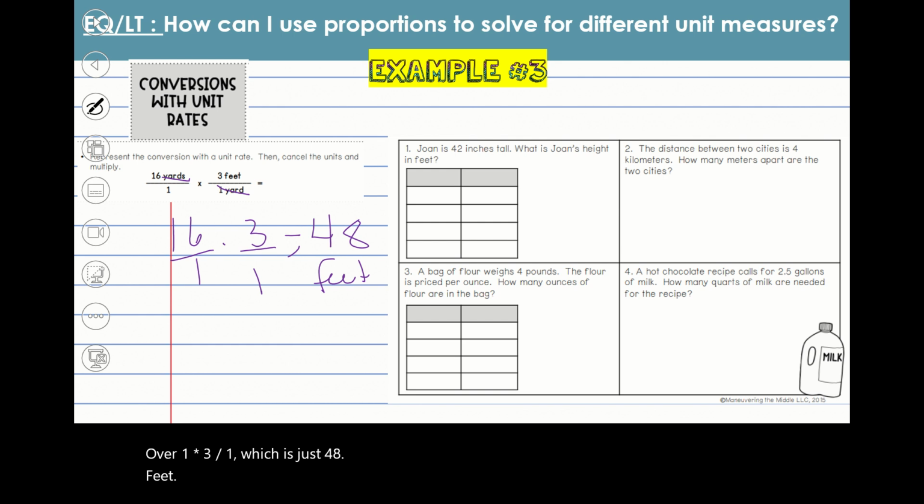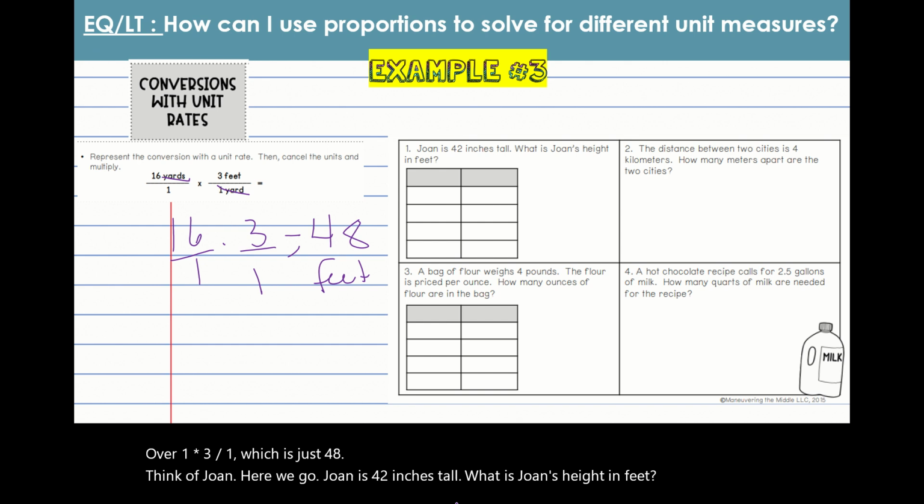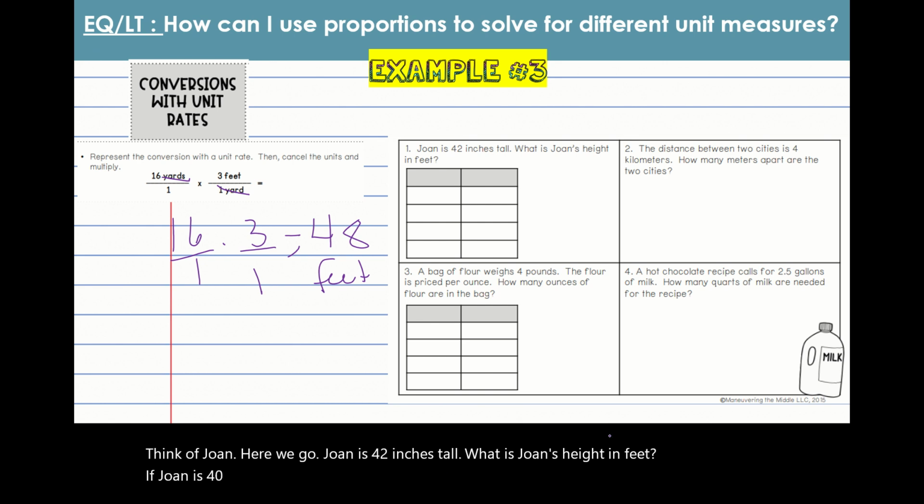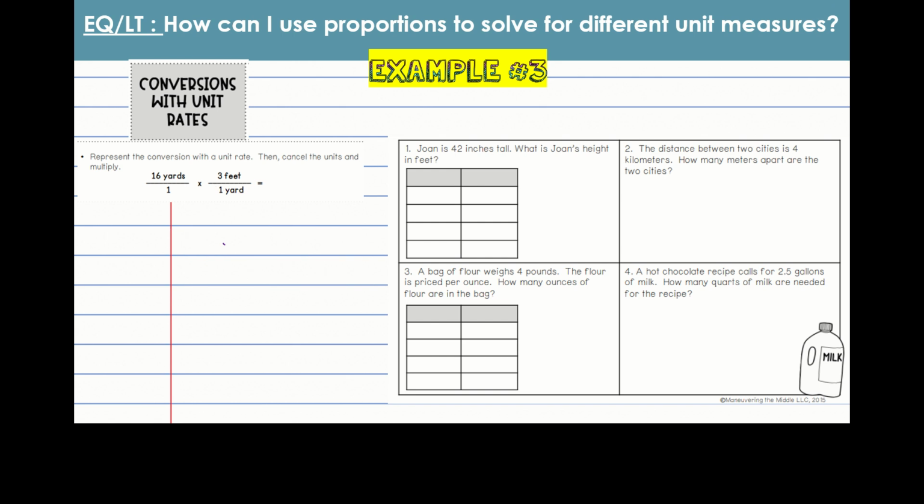Here we go. Joan is 42 inches tall. What is Joan's height in feet? Think about how many inches are in 1 foot.